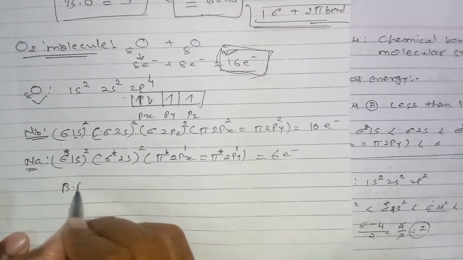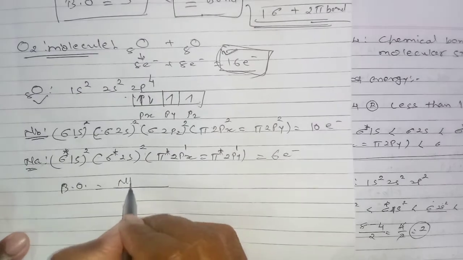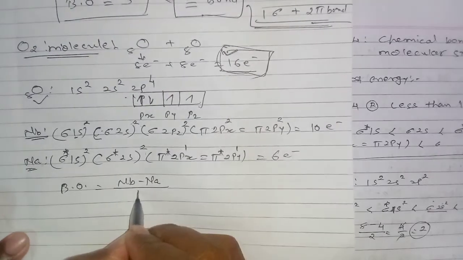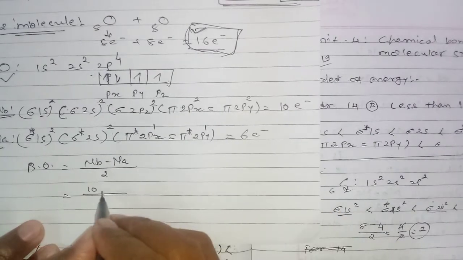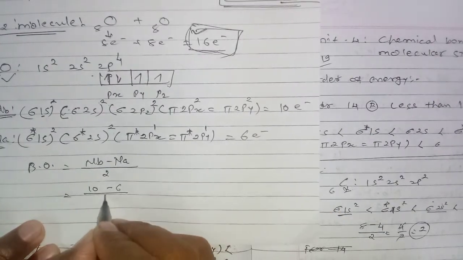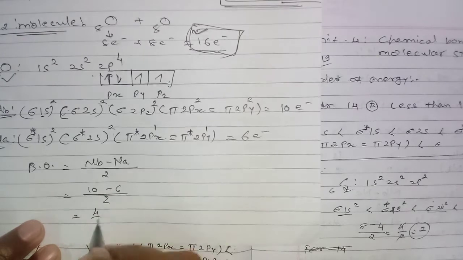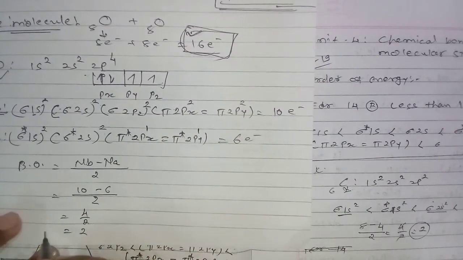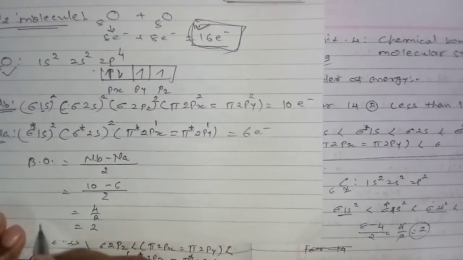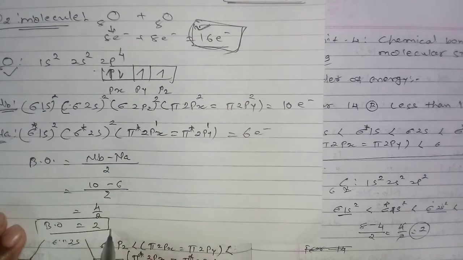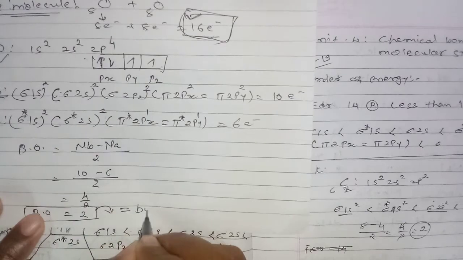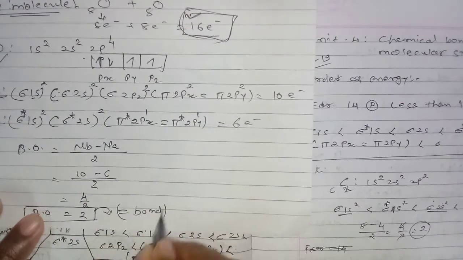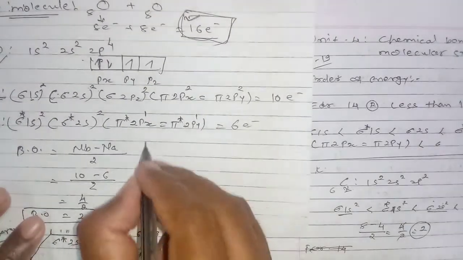Now the bond order, Nb minus Na divided by 2. Nb is 10 minus 6, divided by 2, 4 divided by 2, so the bond order is 2. That means if bond order is 2, there is a double bond present in the oxygen molecule.